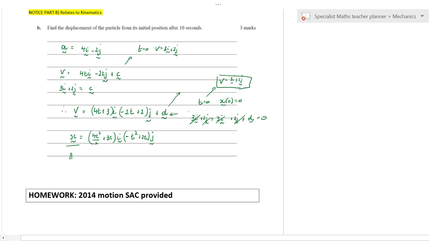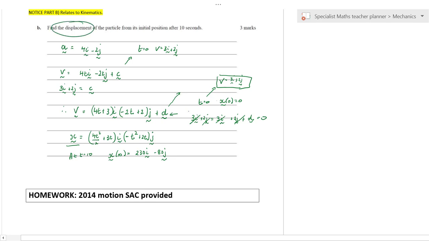So if t is equal to 10, we can say that x of 10 is equal to 10 squared is 100, 200, 230i, and minus 10 squared is minus 100, minus 100 plus 20. Minus 80j. Now, it says here find the displacement.